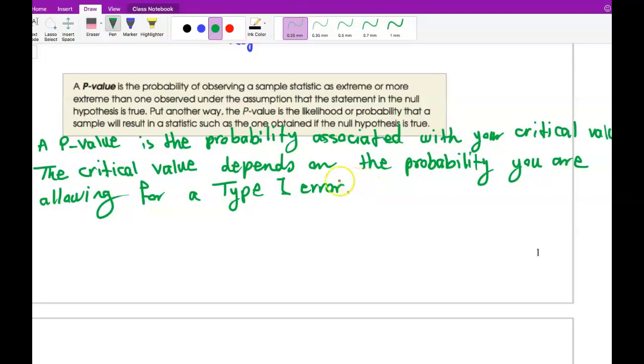And it measures the chance of getting results at least as strong as yours if the claim were true. What claim? The null hypothesis.